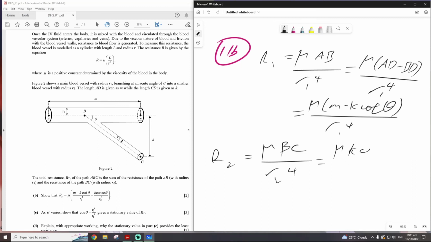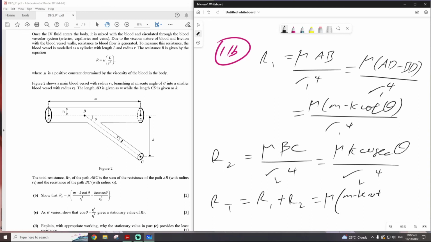Mu K cosecant theta divided by R2 power 4. So the total resistance is R1 plus R2. Then you can of course factor out the mu, and from there follow through. M minus K cotangent theta divided by R1 power 4 plus K cosecant theta divided by R2 power 4.